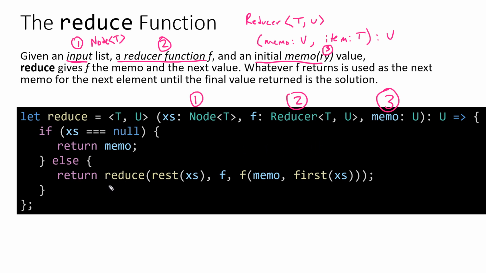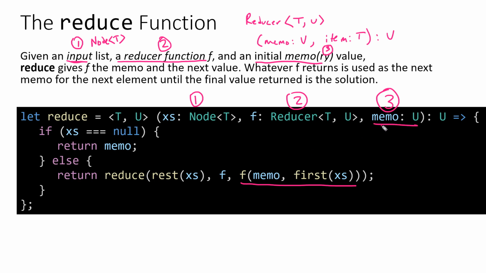And what we're saying here is we're going to apply the same reduce process recursively to the rest of the items of our list using the same function. We're going to keep passing that same function down. And the memo that we're building up, this is the clever part of reduce, is taking the third parameter.